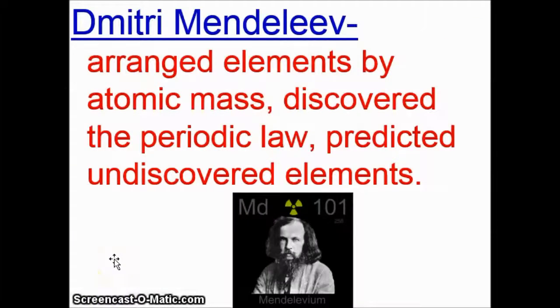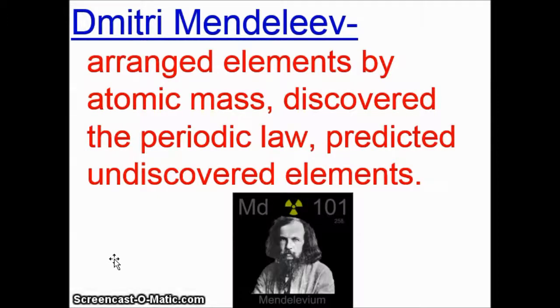So Dmitri Mendeleev is the person that's credited for discovering this periodic law, and based off the periodic law forming this periodic table. And what he did was he arranged the elements by atomic mass, which we could see, and he also discovered periodic law, which is the most important part of this.